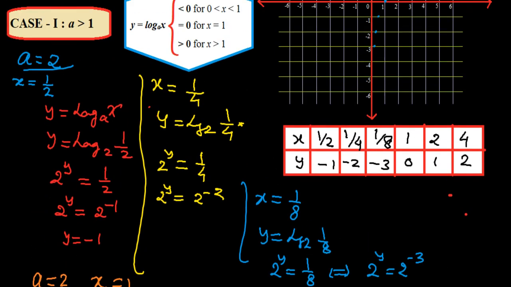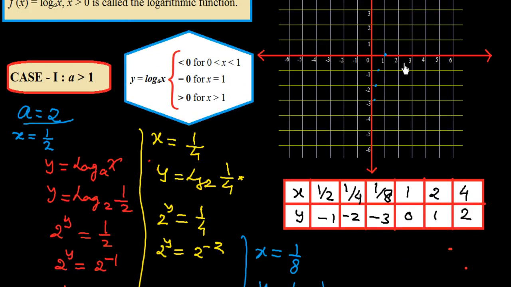So we plot these 2 points here. If x is 2, y is 1, so we are getting here. If x is 4, y is 2, we are getting here. So if I draw this curve, we see how it looks.